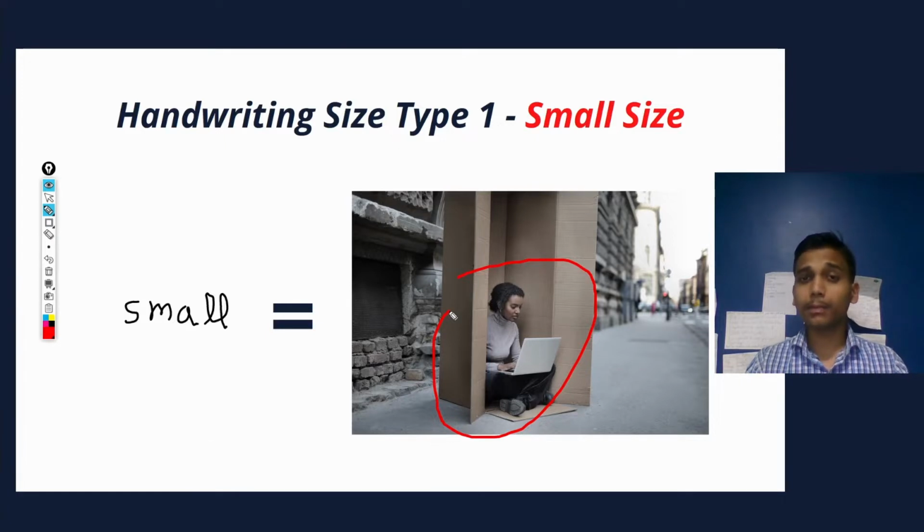Another thing is these people have very good concentration skill and focus, right? So observe yourself. Whenever you write with deep concentration, your handwriting size automatically becomes small. For example, during exams, at the last minute, your handwriting size gets bigger.